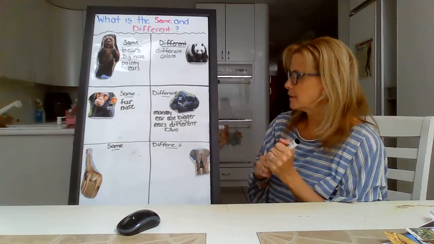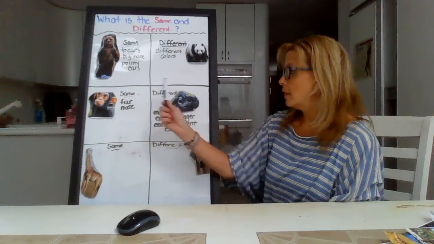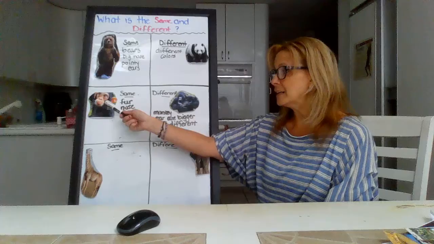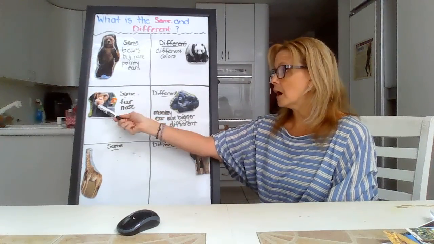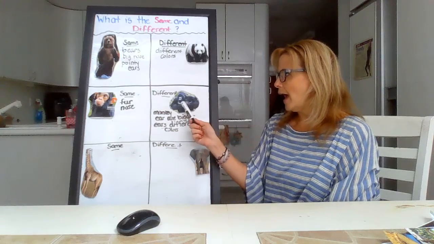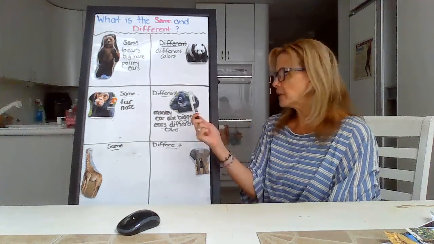What else can we say about them? Their face colors are also different. The monkey has a brown face or a light or tannish color, and the ape's is fully black.